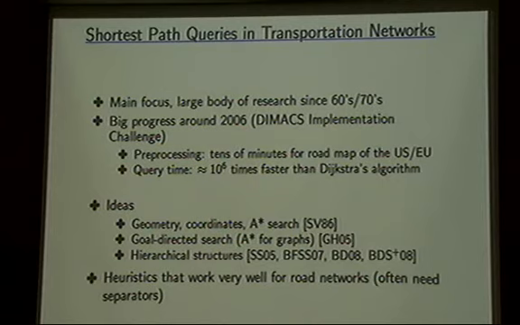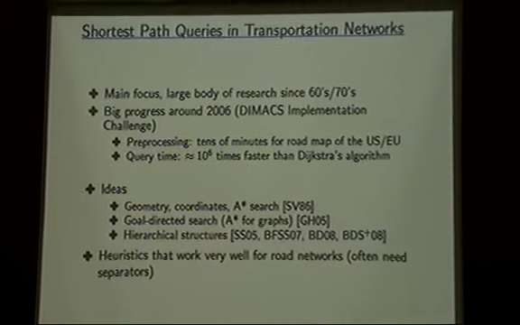What they wanted to do is solve this problem for very large networks, say continental-sized networks, which would contain roughly 15 million or 20 million nodes. The pre-processing they achieved was tens of minutes for a really large road network, say the size of the US or Europe. And the query time would be like 1 million times faster than Dijkstra's algorithm.